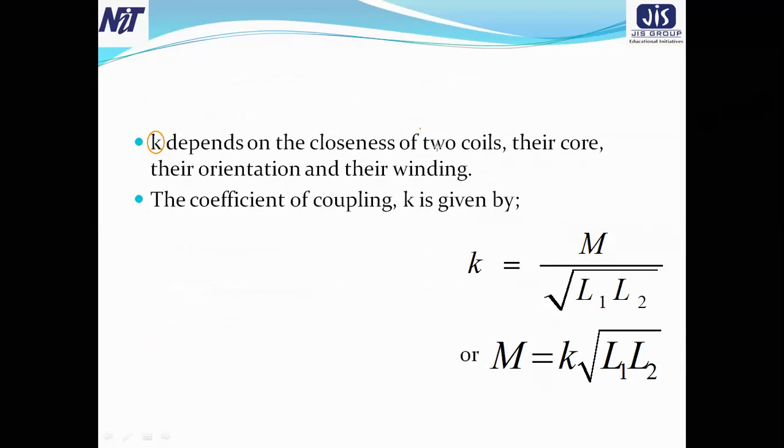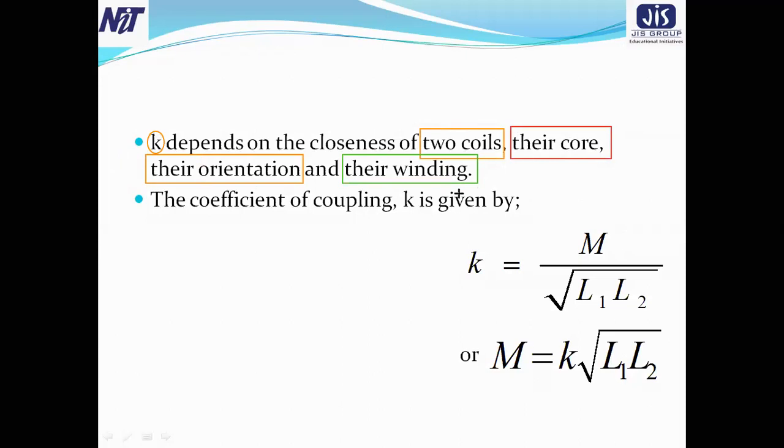Obviously there should be two coils. Secondly, their core. Thirdly, their orientation, and fourthly, their windings. These are the four parameters we have to remember always.